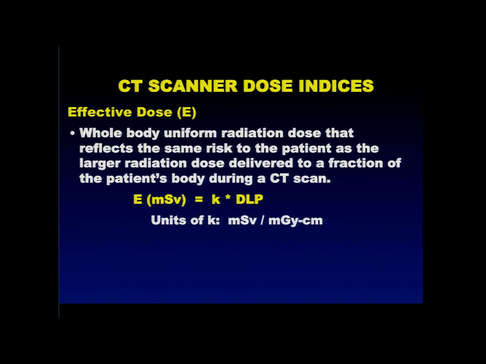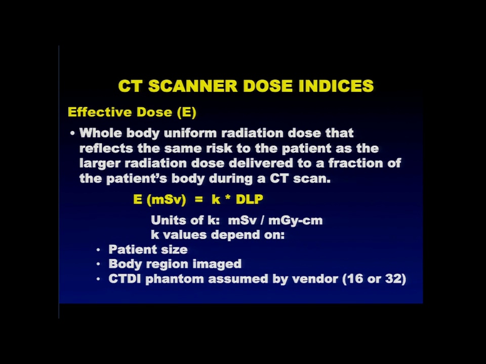And how do I calculate effective dose? Well, I have these magical constants that I multiply times the DLP to give me my effective dose. And of course, the K factor, or that constant, is a function of patient size, the body region imaged, and of course the CTDI phantom that the scanner assumes, 16 or 32 centimeters, is going to determine the value of the DLP.